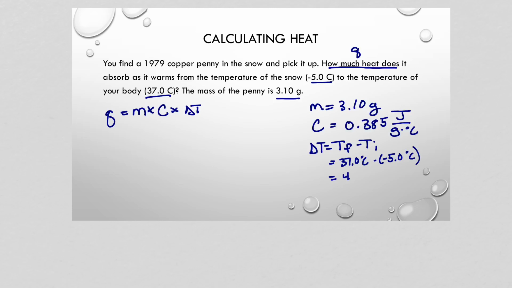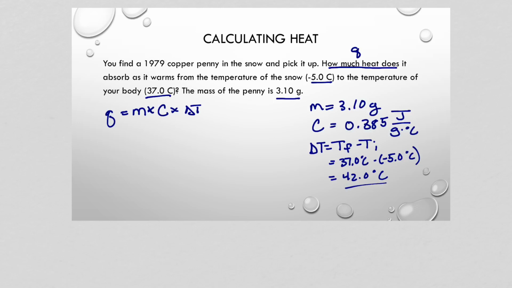So we get 42 degrees Celsius. Now, it's important to have the 0 here. We're doing addition and subtraction, so our answer is going to be given to a certain decimal place. This value goes out to the tenths place. This value goes out to the tenths place. So our answer must go out to the tenths place. So delta T equals 42.0 degrees Celsius.